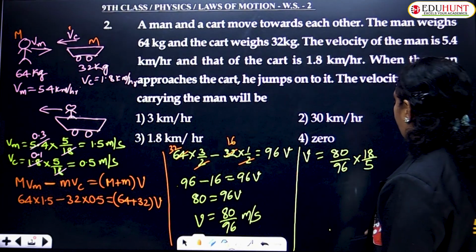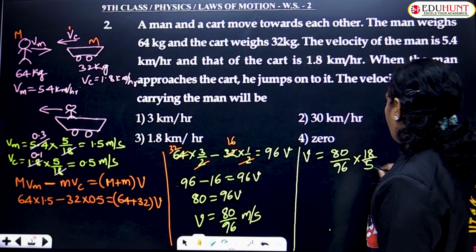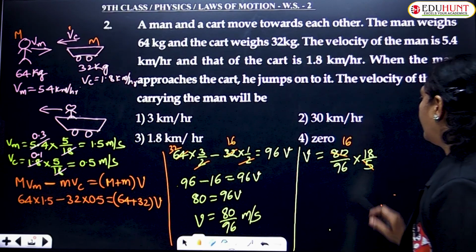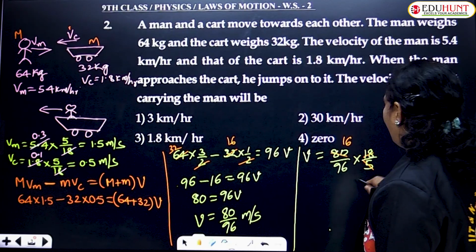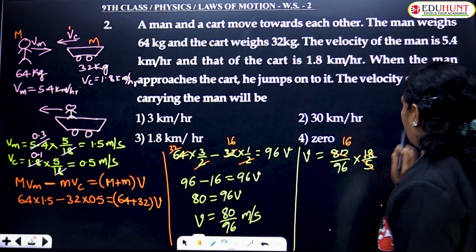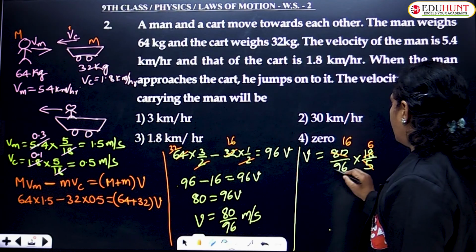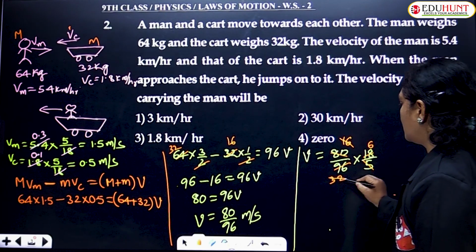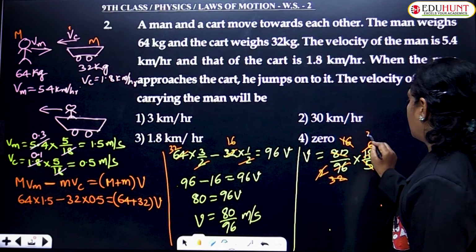Well, so simplify this. How much are we getting after simplification? This is 5. 5 goes 16 times. And here 18 is there. We'll go in an easier method only. 3 will go simple, 6 threes are 18, and here 32. And this again, 16 goes 2 times and 2 goes 3 times.